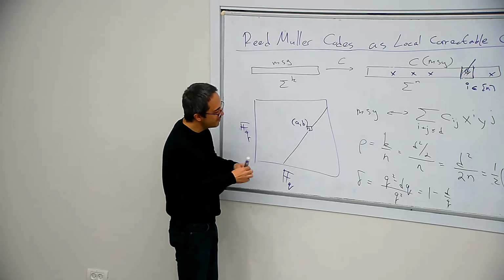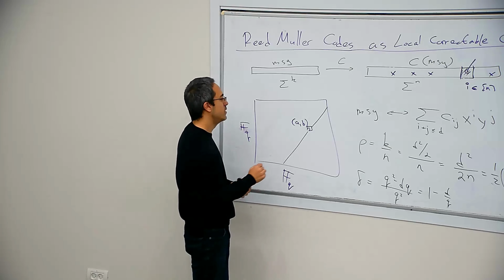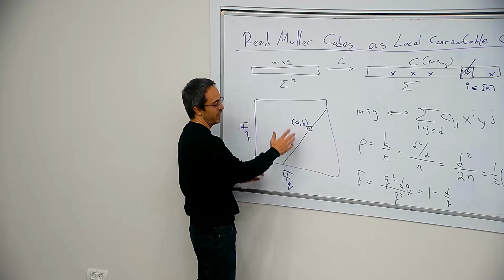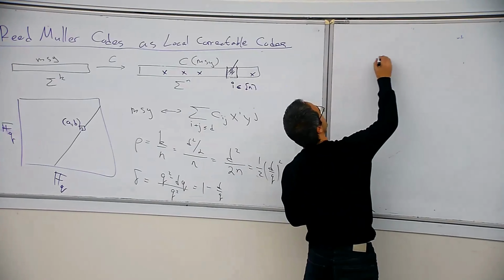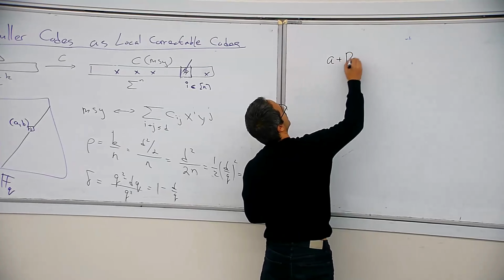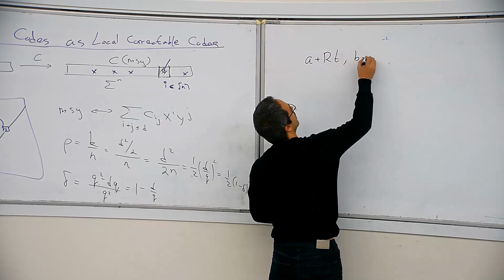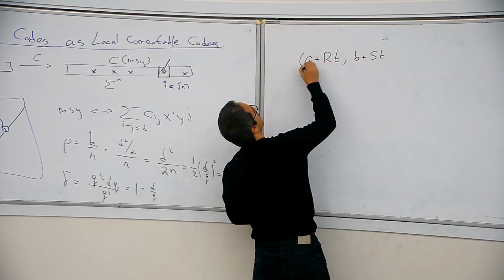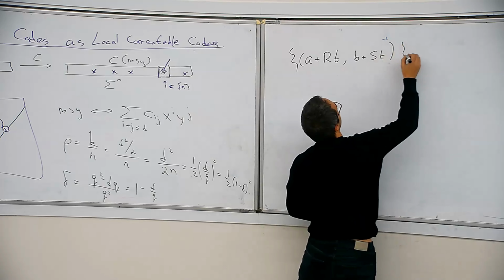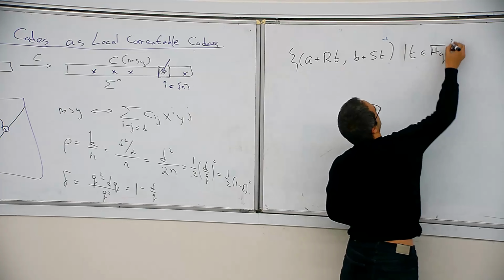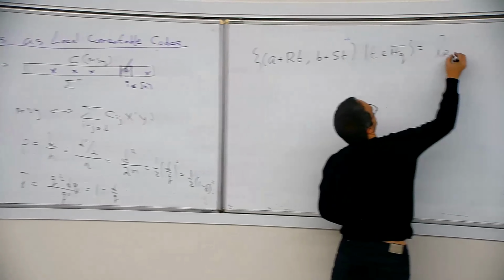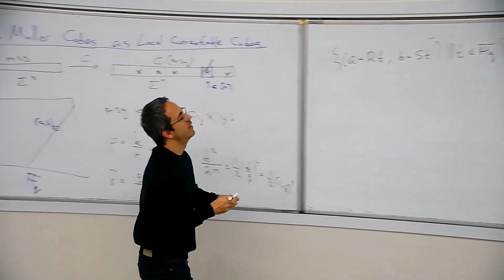So what do I mean by a random line? The best way to do it, I think, is to consider this: (A + tR, B + tS). This is the line.